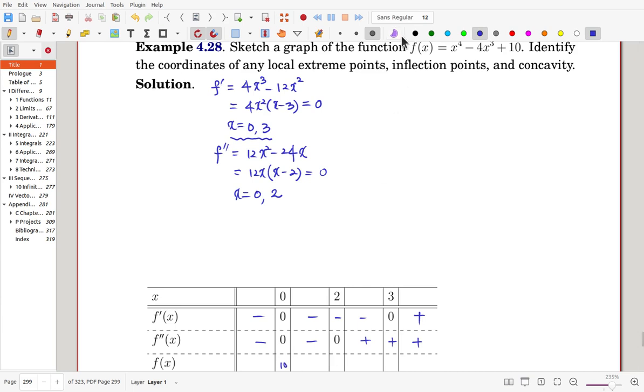Now, once x equals 2, then f of 2 equals 2 to the 4 minus 4 times 2 to the 3, plus 10. That is 16 minus 32, plus 10, so that is minus 6.